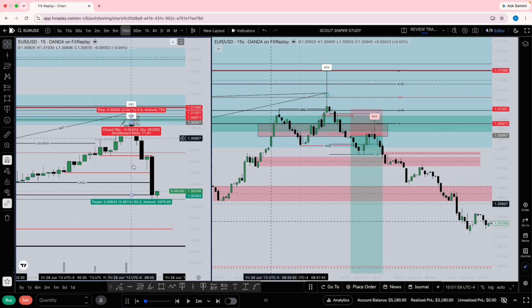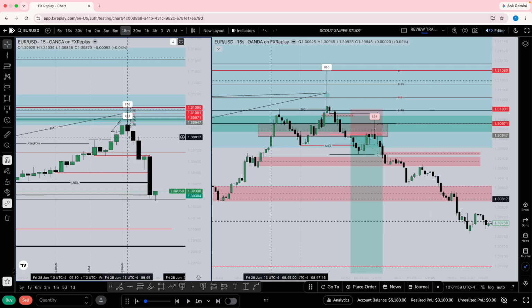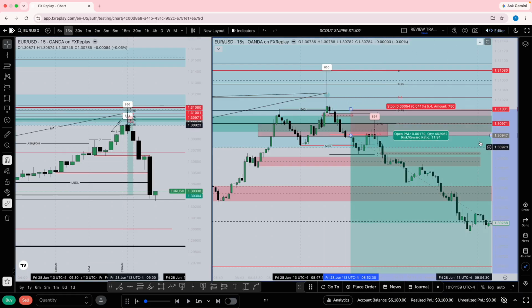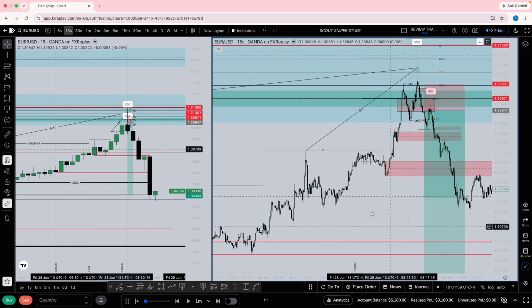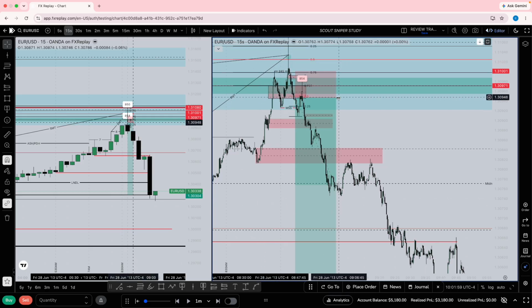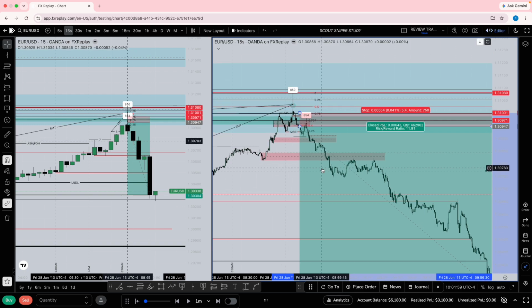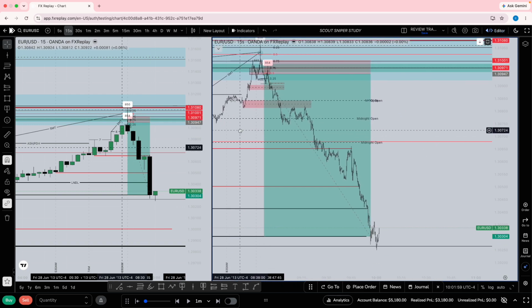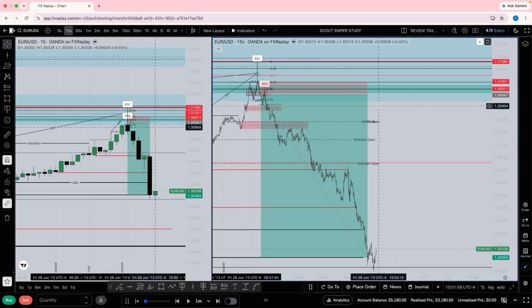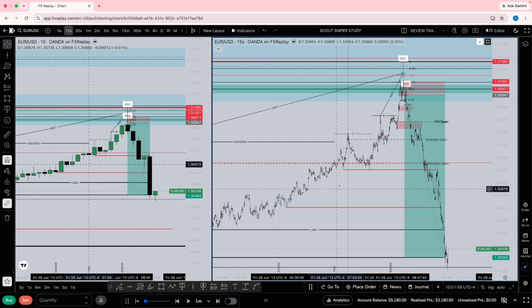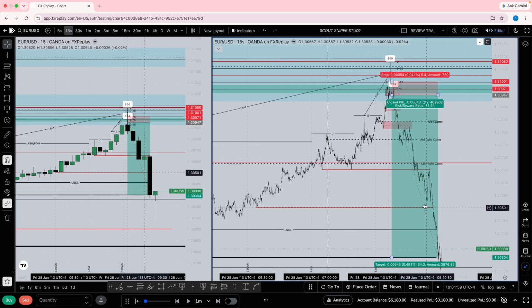If you look at a 15-minute right here, you see price just taking out all of that liquidity, distributing, taking out all of that built up sell side liquidity as it's coming down London, all of that.